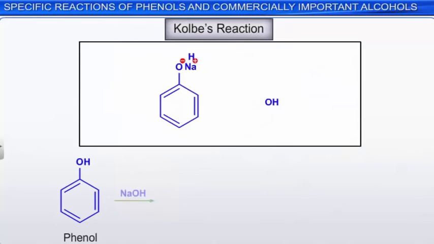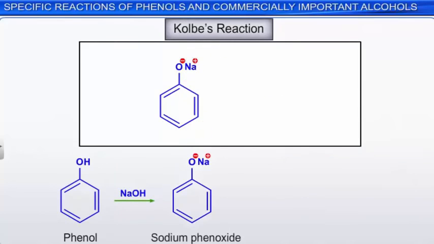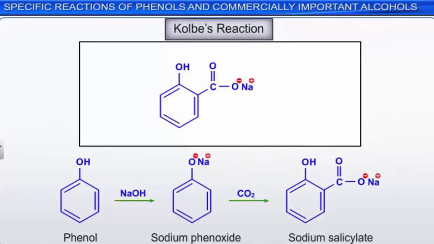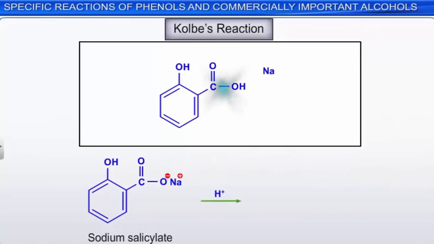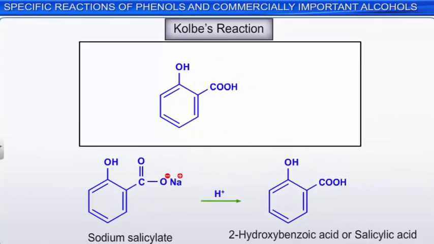In the Kolbe reaction, sodium phenoxide is prepared and then subsequently heated with carbon dioxide under pressure. Carbon dioxide, the neutral electrophile, attacks the phenoxide ion to form sodium salicylate. The sodium salicylate, when acidified, forms 2-hydroxybenzoic acid or salicylic acid.